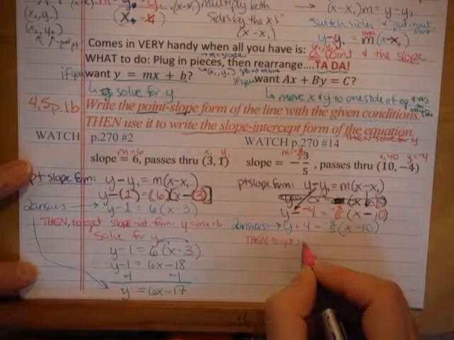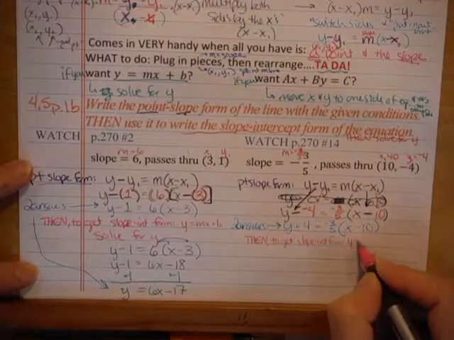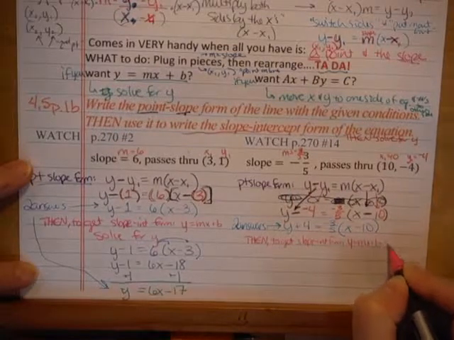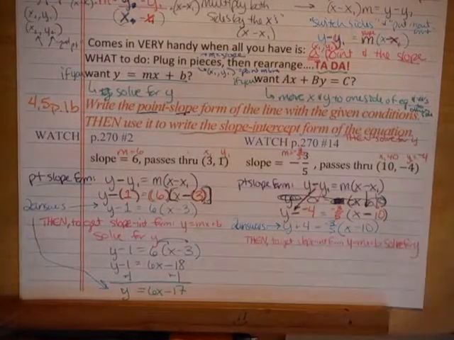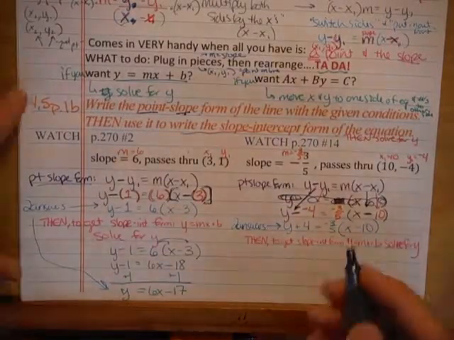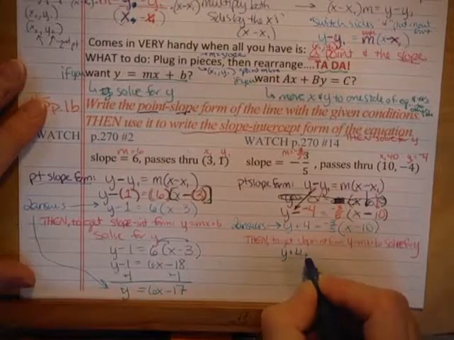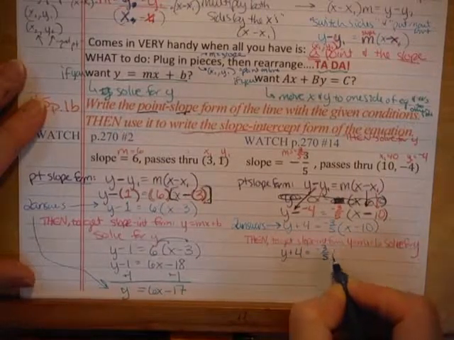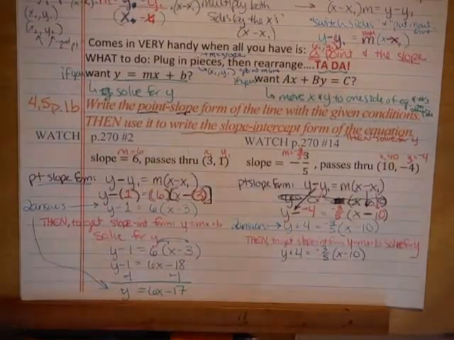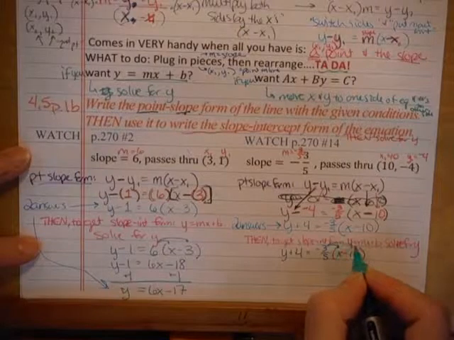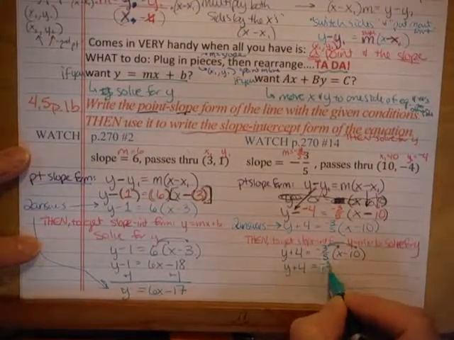Okay, then to get slope intercept form, which is y equals mx plus b, we're going to solve for y. So we take our y plus 4 is equal to -3/5 times x minus 10. Let's go ahead and distribute that -3/5, and I get y plus 4 equals -3/5 x.